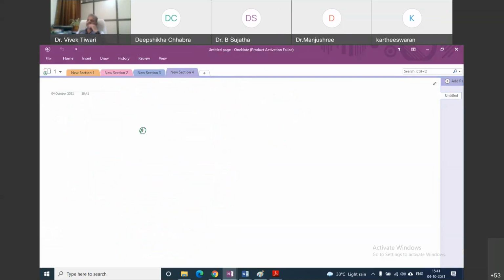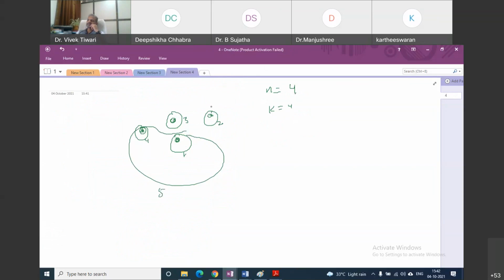Suppose there are 4 data points, so n means 4. Now this is cluster 1, this is cluster 2, this is cluster 3, this is cluster 4, K is equal to 4. This is cluster 5. This may be cluster 6, like that.